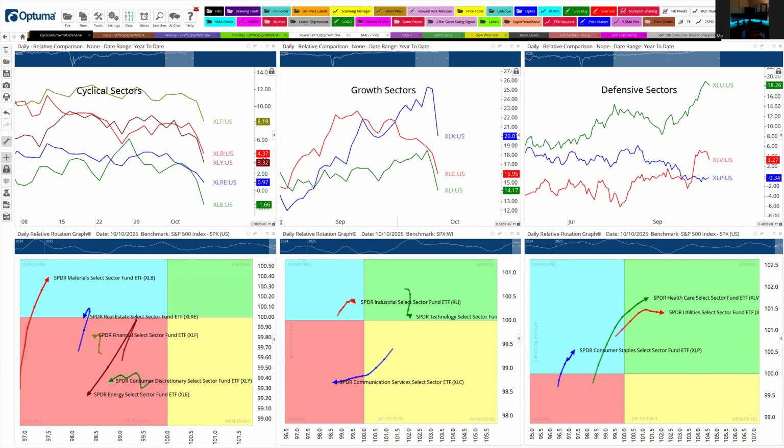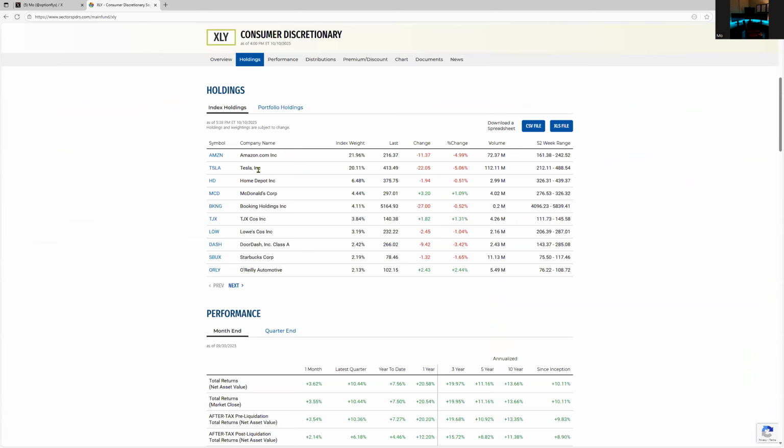right? Amazon looks weak. Tesla is pulling back toward the 400. This one is puking for like 8, 9 straight days in a row. This one's starting to show some signs. Booking is almost flat for the year. Lows right there, down for like, I don't know, 15 days in a row. Starbucks is all the way down.